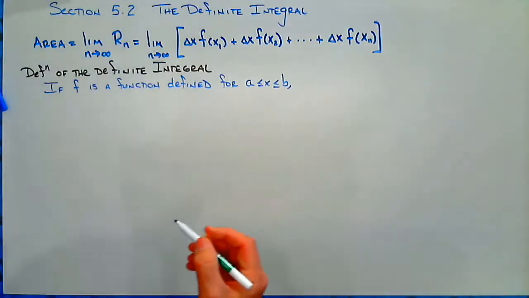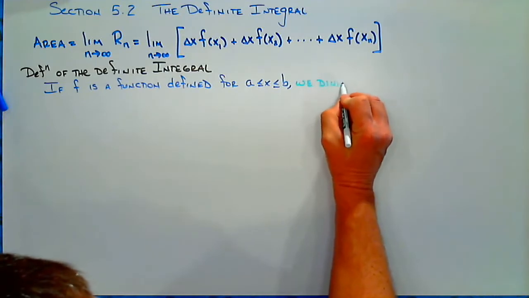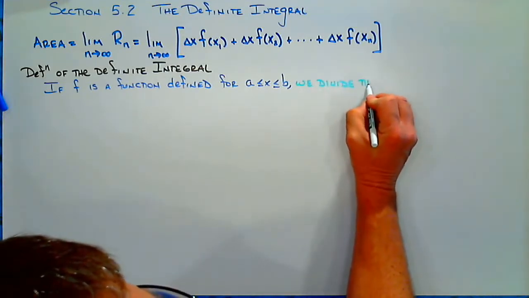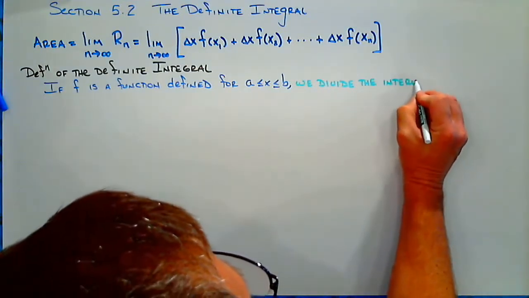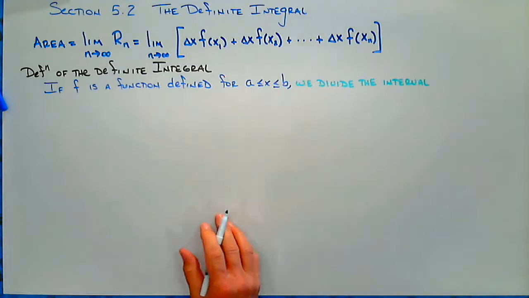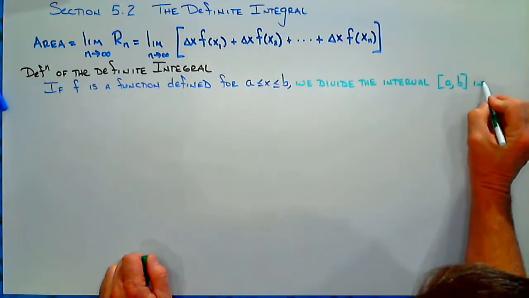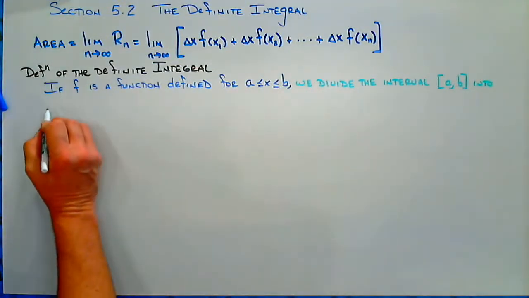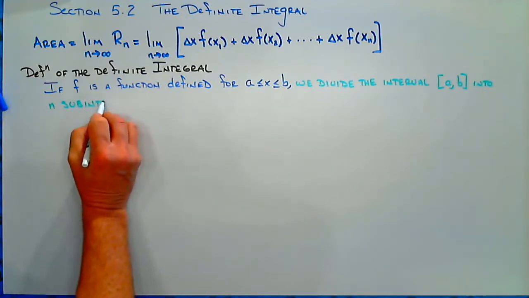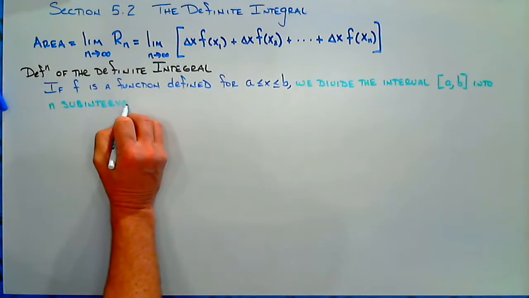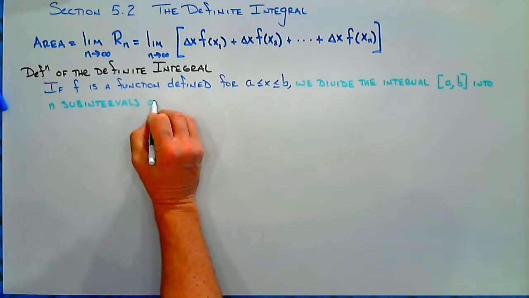And then where do we go from there? It says we divide the interval. We'll change colors now because we're onto a new phrase. We divide the interval a b into n subintervals of equal width.